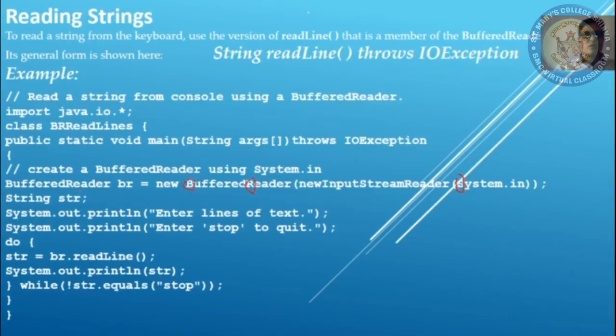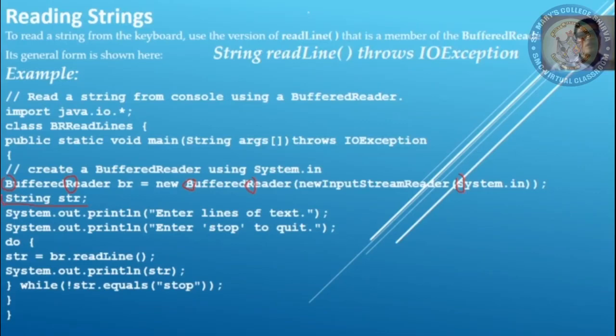If you are getting confused, then we can write it in the form of a DataInputStream, db is equal to, or br is equal to, whatever it may be. Now I am declaring the variable String str. Here String is the data type.